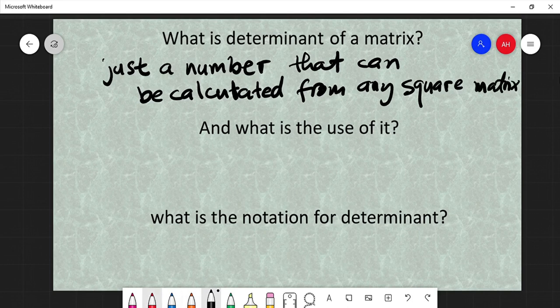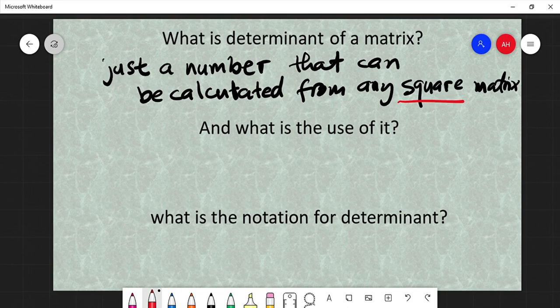I want to stress the word square here, because only a square matrix has a determinant. Whenever we talk about the determinant of a matrix, that matrix must be a square matrix. Square matrix means the matrix has the same number of rows as columns.